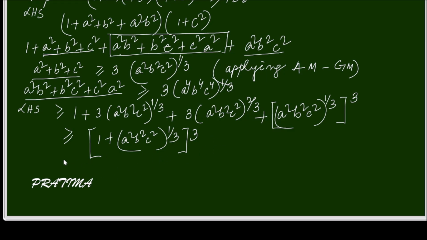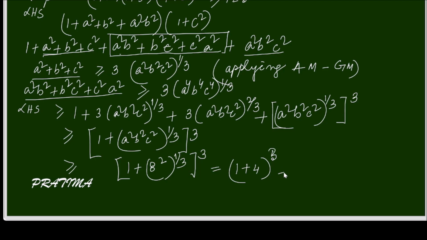This is greater than or equal to (1 plus 8 to the power 2 by 3) whole cube. 8 to the power 2 by 3 equals the cube root of 64, which is 4. So 1 plus 4, to the power 3, is 5 to the power 3, which equals 125. Hence proved.